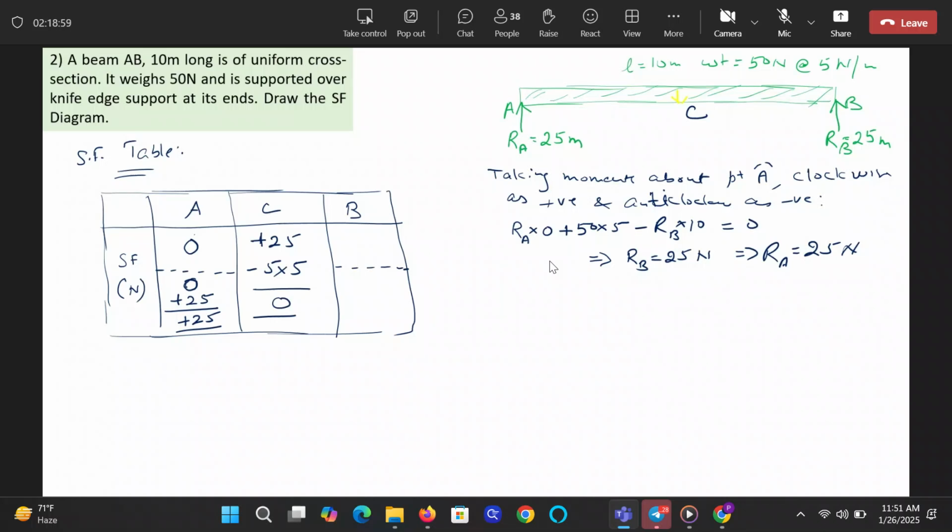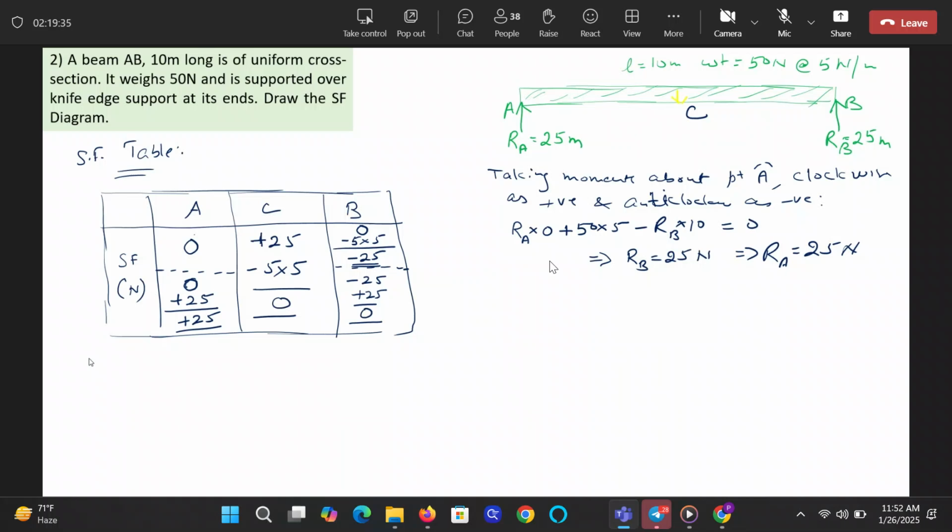Guys, we carry forward this 0 here. Uncover from C to just left of B. Is there any change? Yes sir, minus 25 again, because another 5 meters is getting uncovered. So just to left of B, it becomes minus 25. We carry minus 25, and then you have plus 25 coming into the picture, making it 0. Is completing the SF table clear here?